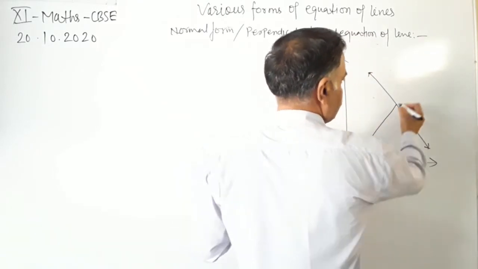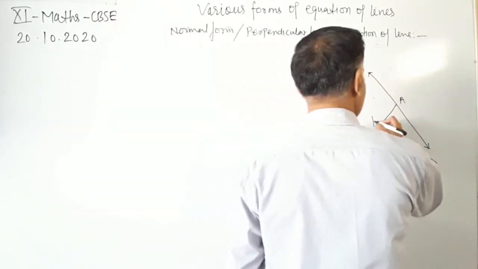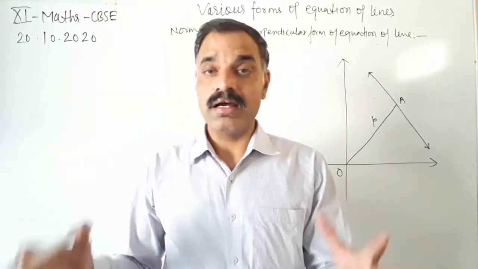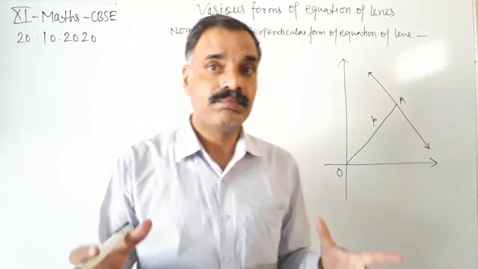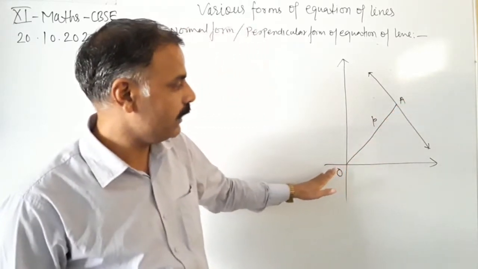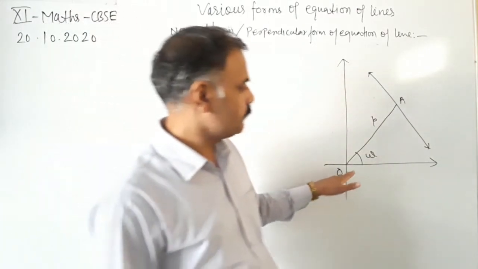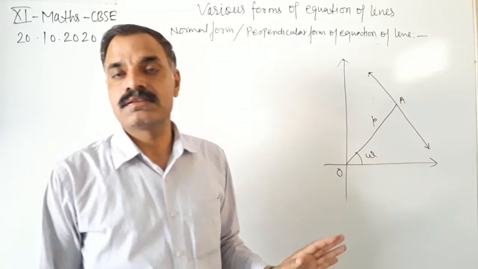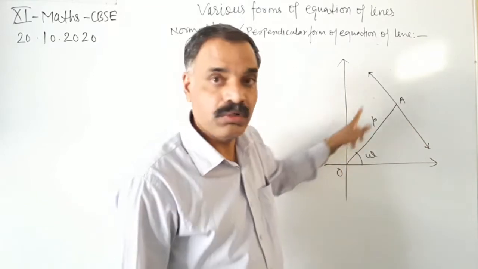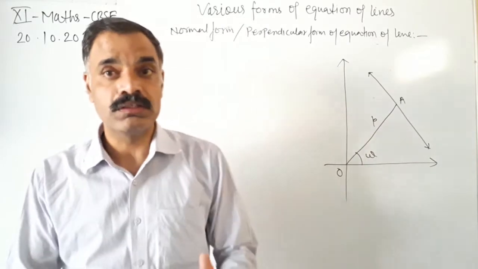The origin is here, and OA is the perpendicular distance, which is given as P. The angle made by this OA, the perpendicular to the line, with the positive direction of the x-axis is omega. This is also given to us.